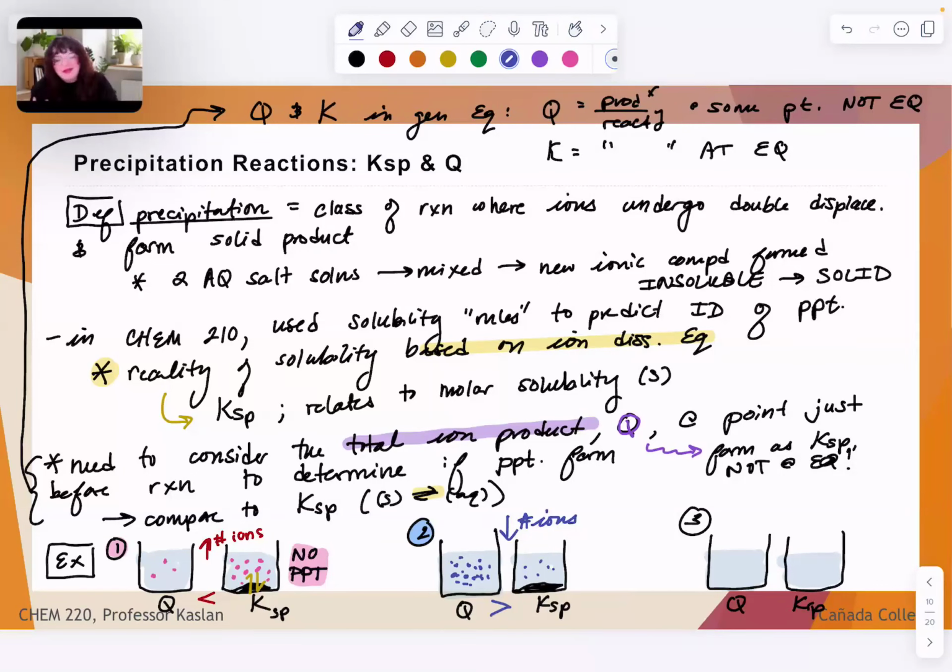And what happens when I decrease my number of ions? The only way I can remove ions from my solution is if I precipitate those ions out into the solid phase. So I would expect to see a precipitate formed at these conditions where Q is greater than K. Too many ions then are allowed at saturation equilibrium.